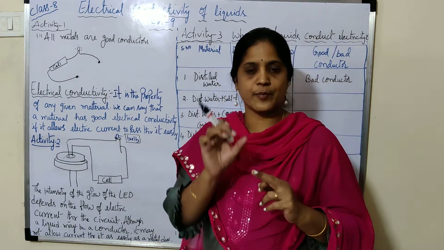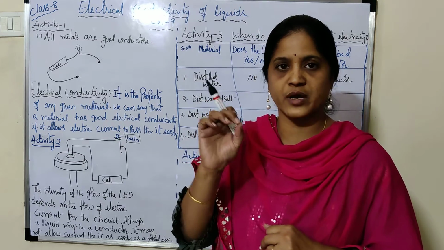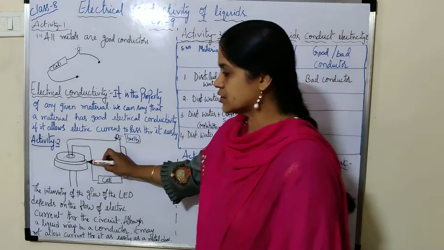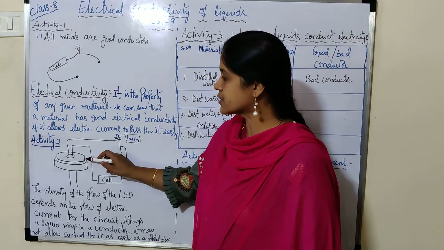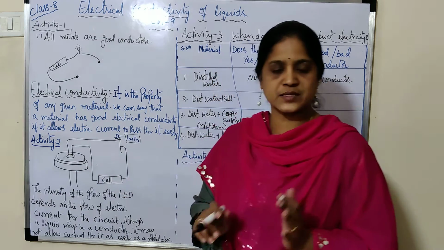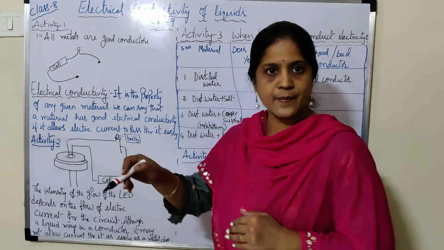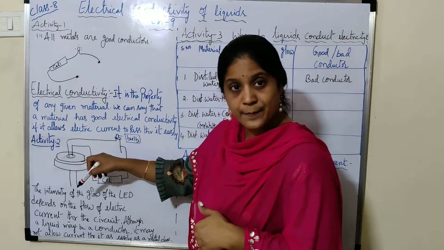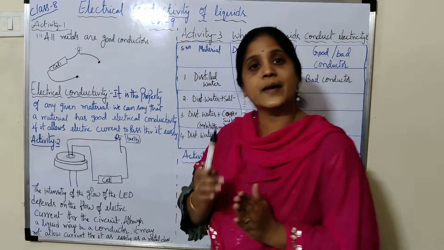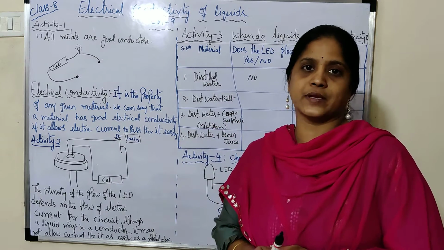Take a cap of an injection bottle which is made of rubber. This is the cap. In this cap, take two metal pins and insert them in the gap, and maintain some gap between the metal pins.